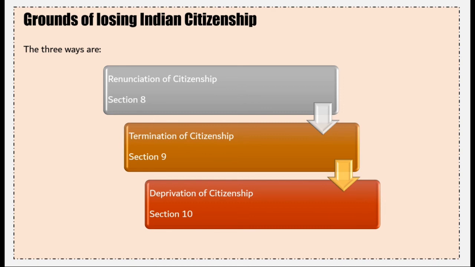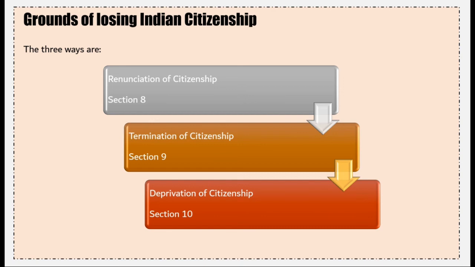A citizen of India can be deprived of citizenship by an order of the central government if it is satisfied that A. The citizen has obtained the citizenship by means of fraud, false representation, or concealment of any material fact, or B. The citizen has shown disloyalty to the Constitution of India, or C. The citizen within 5 years after registration or naturalization has been imprisoned in any country for a term of not less than 2 years.